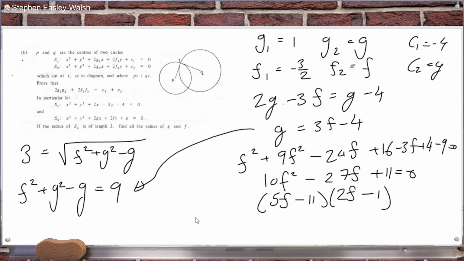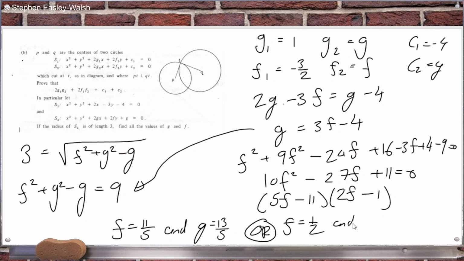So F equals 11 over 5, and g would be 3 times 11 over 5 minus 4, so that would make g equal to 13 over 5. Or f equals 1 over 2, and g would be 3 times 1 over 2 minus 4, which is minus 5 over 2.